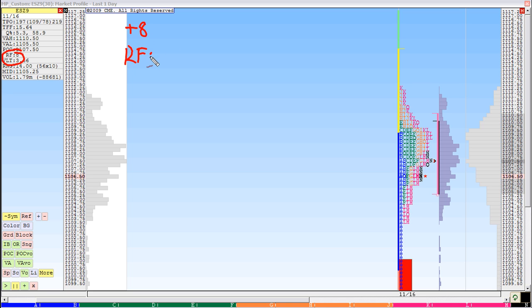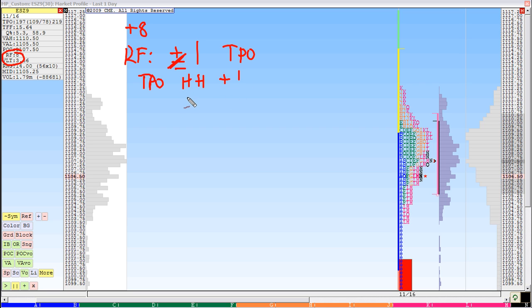It's like this. We assign plus or minus 1 to the TPOs as they do this. If the TPO makes a higher high to the previous set of TPOs, we assign +1.